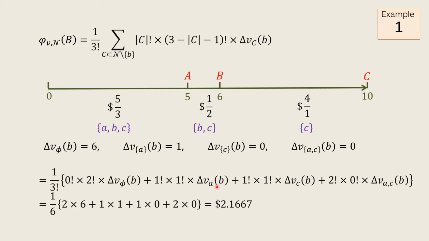So this is the second term, and likewise we have the third term and the fourth term here. And replacing all the values here, we get again the same value, $2.1667.